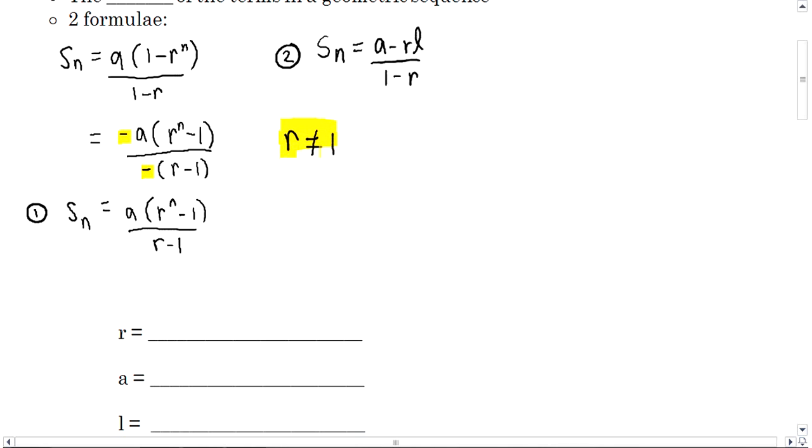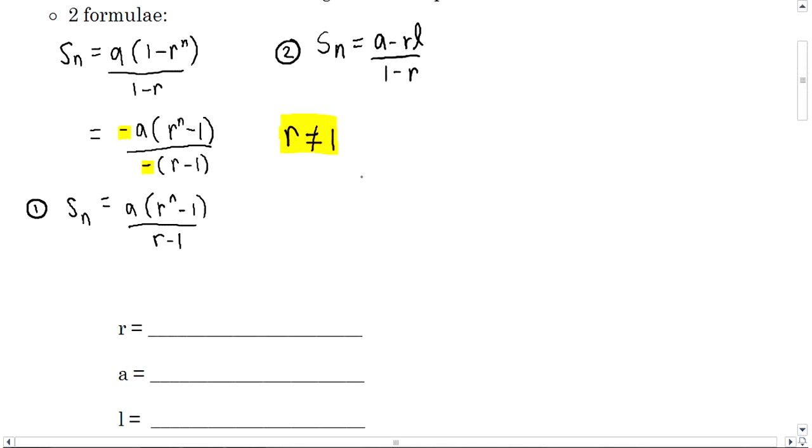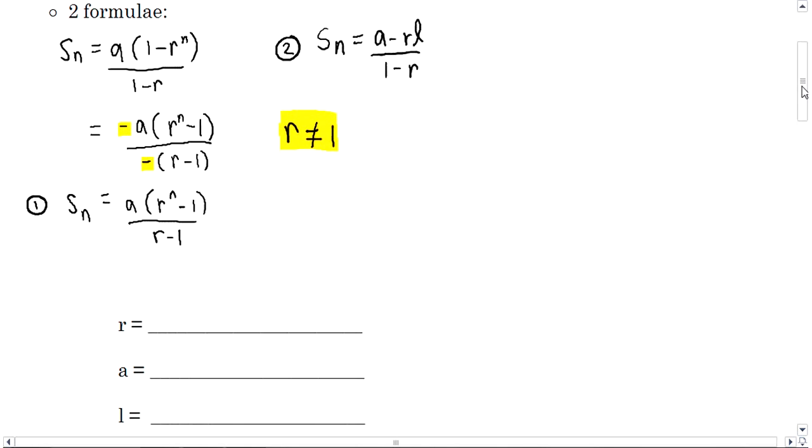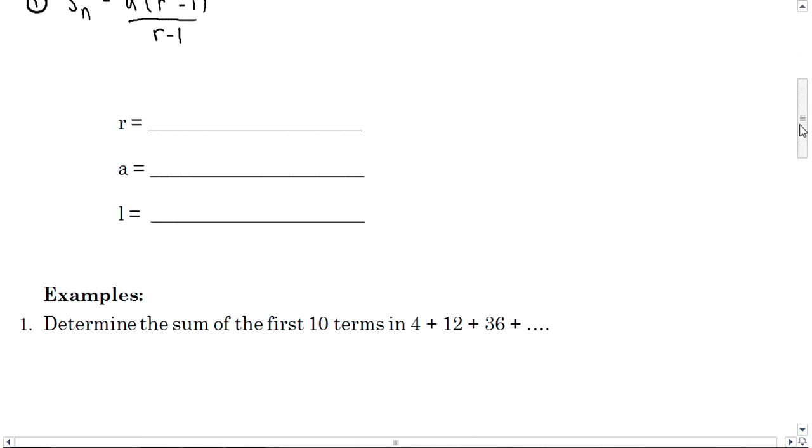Well, if r is 1, we plug it in there, then you get 1 minus 1, so 0 on the bottom of a denominator, which means you're dividing by 0, which means this whole thing blows up to undefined, or really, theoretically infinity. So we can't have that, so we're just going to make a restriction there. So make sure your r cannot be 1. Okay, so if you get something like r equals 1, then I suppose there is no solution.